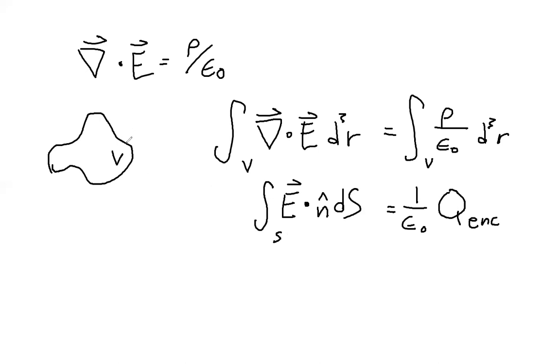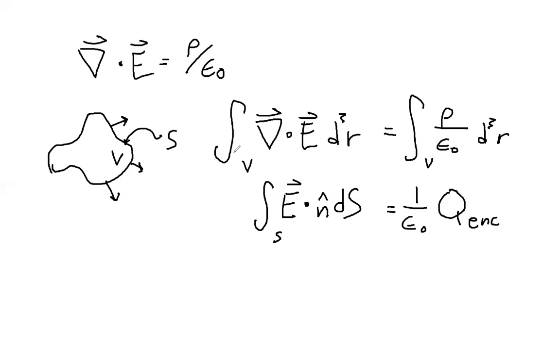So if this is the volume, this boundary is the surface. There is a direction associated everywhere on the surface because it points there, there. This says the component of E along that surface normal at every point, if you evaluate that and integrate that over the entire surface, you get something that equals charge enclosed.